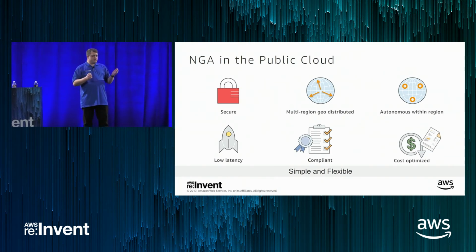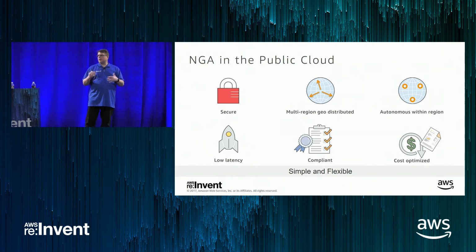We also wanted to be autonomous within a single region. So if there was an availability problem, a disaster problem, a networking problem, we wanted them as much as possible to still get that really good user experience by accessing resources as close to them as possible and be able to cope with the fact that we may lose connectivity to other regions.